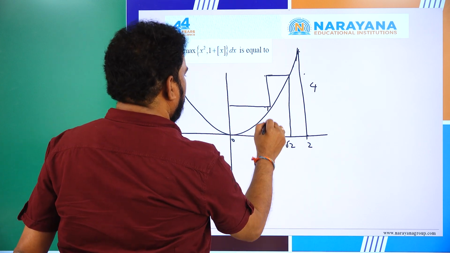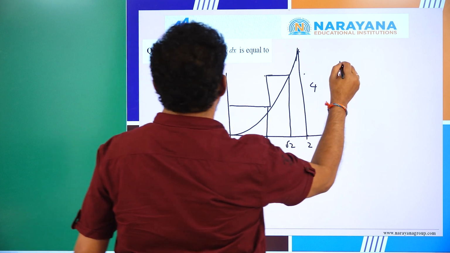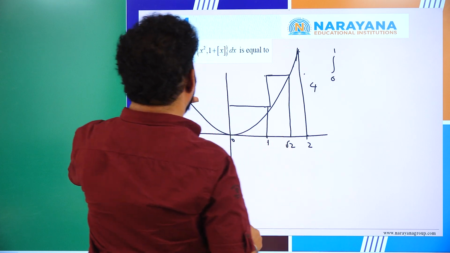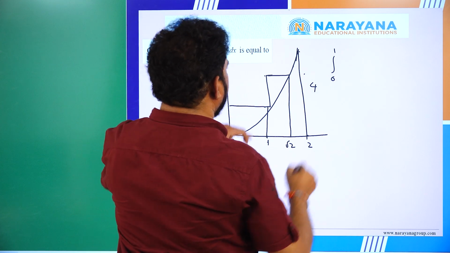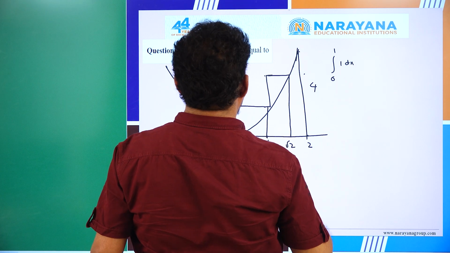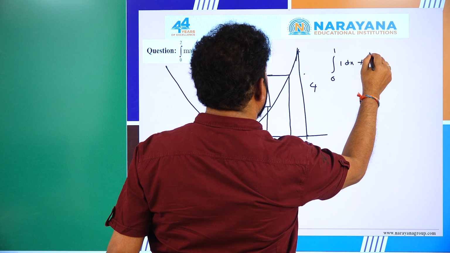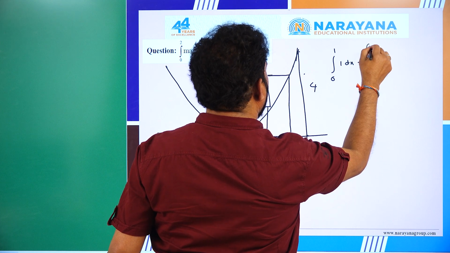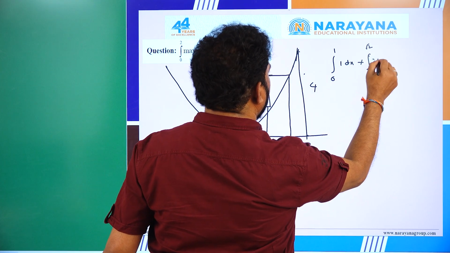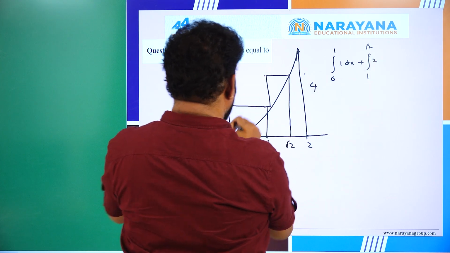So the answer must be like this: 0 to 1, what is this step x graph? This is 1 dx, okay, plus 1 to root 2. 1 to root 2 it is 2. Otherwise we can take the area only.